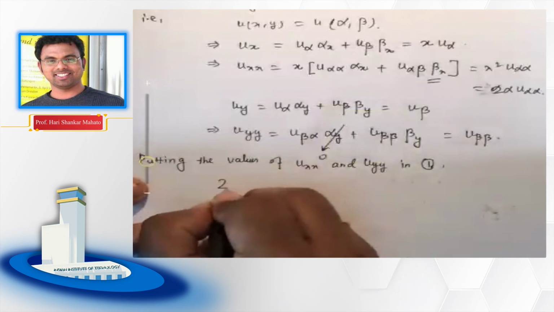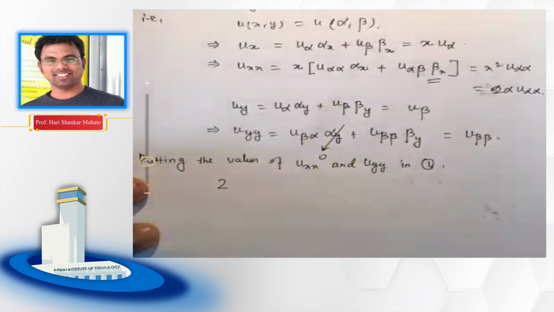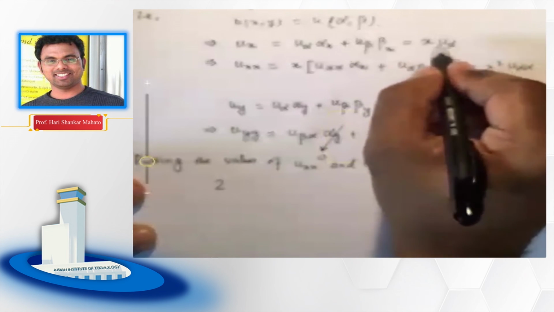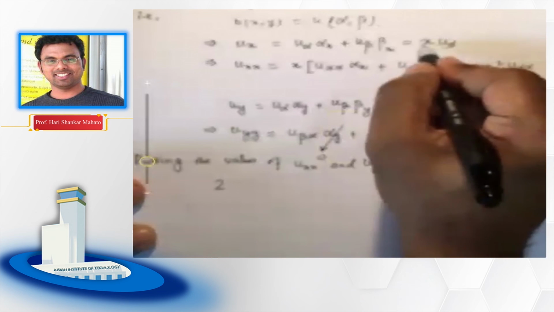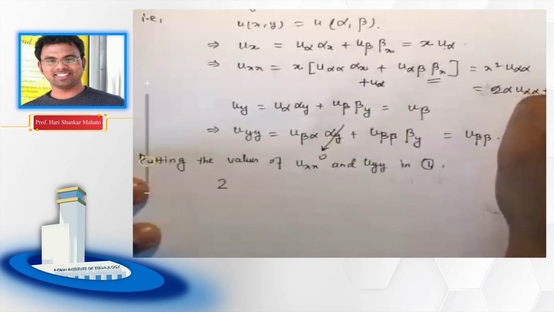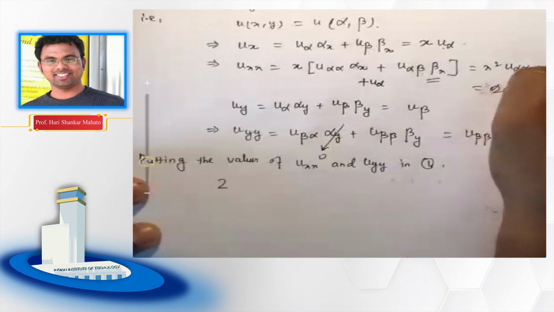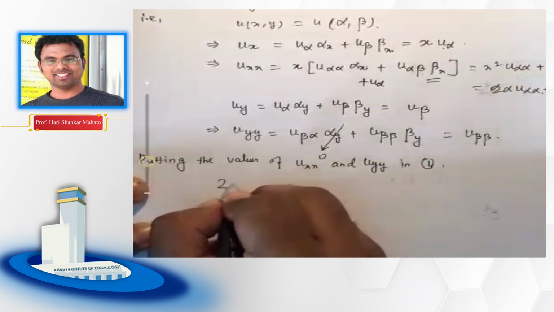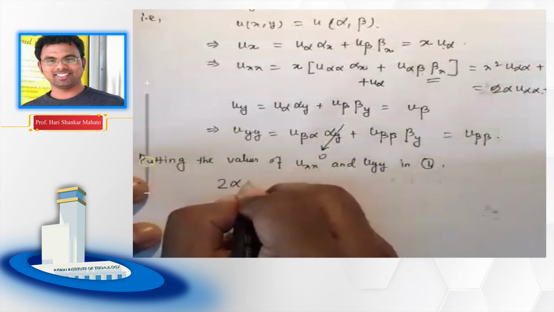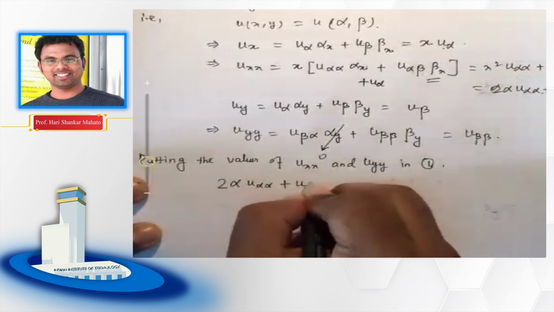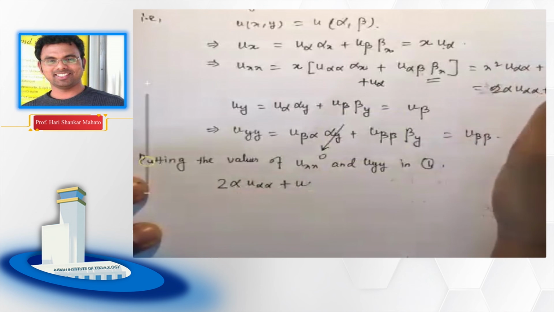Uxx has become, okay, I think here we will have one more term because now we have to do the derivative of x also. Yes, so we will have one u alpha. So here there should be one u alpha. Okay, so this will become 2 alpha u alpha alpha plus this will become u alpha.